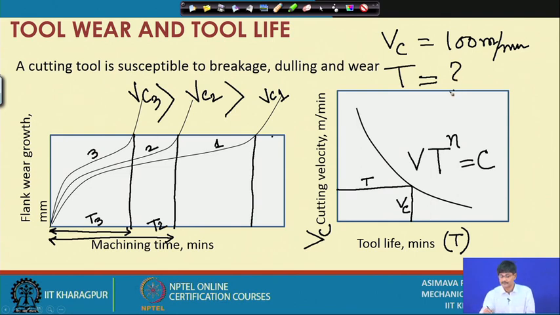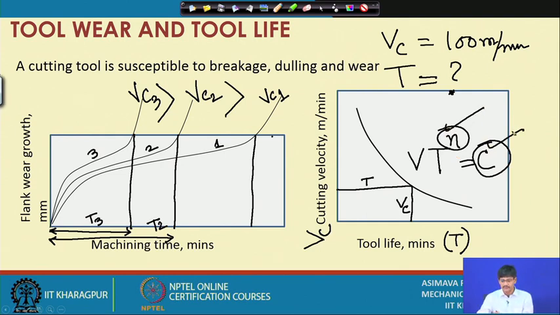How can I do that? For that we need to have a value of n and a value of C. How can this be done? You can carry out a number of tests and solve for n and C.